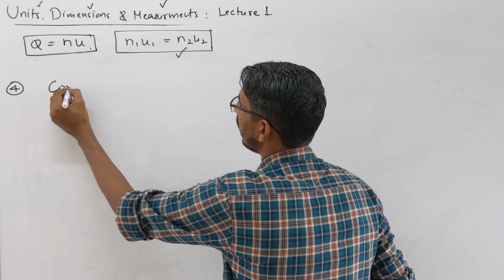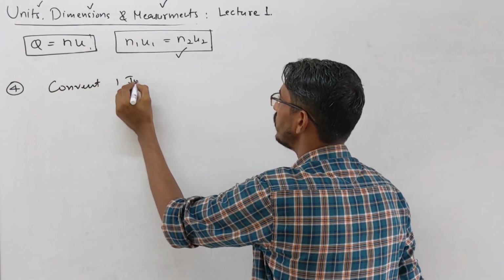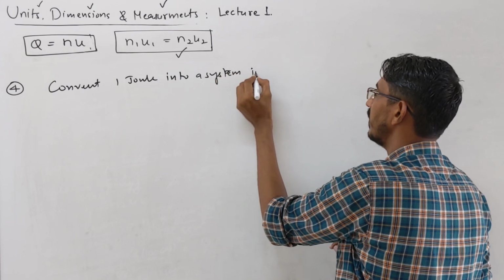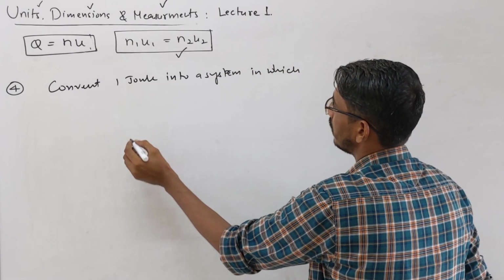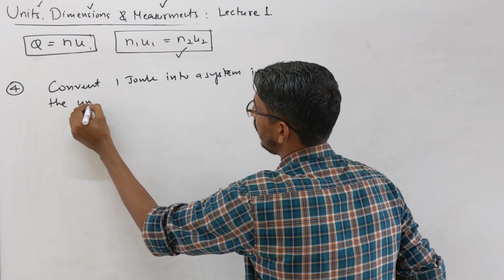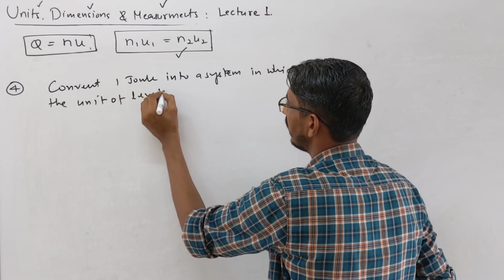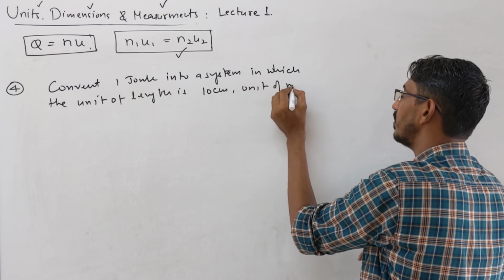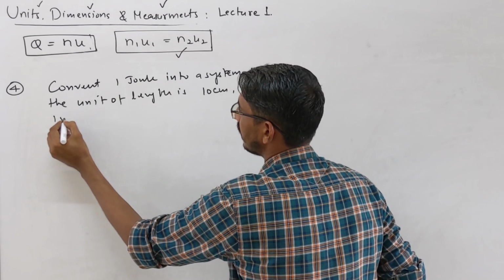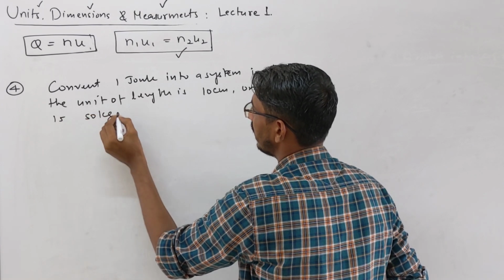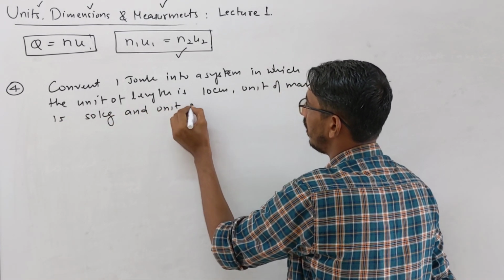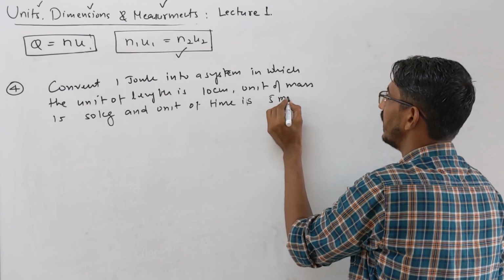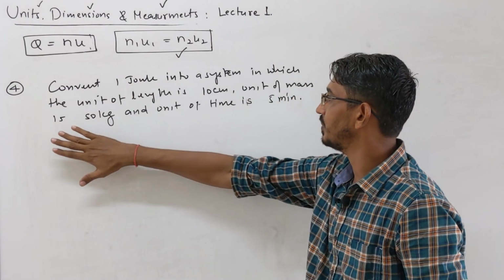Let's say convert 1 joule into a system in which the unit of length is 10 centimeter, unit of mass is 50 kg, and unit of time is 5 minute.